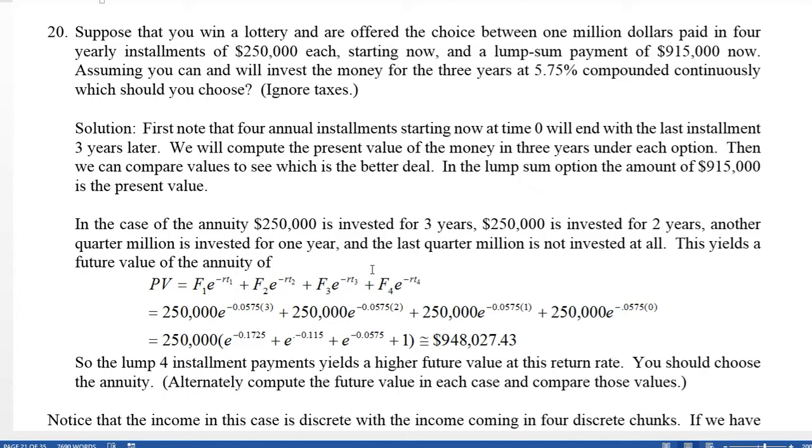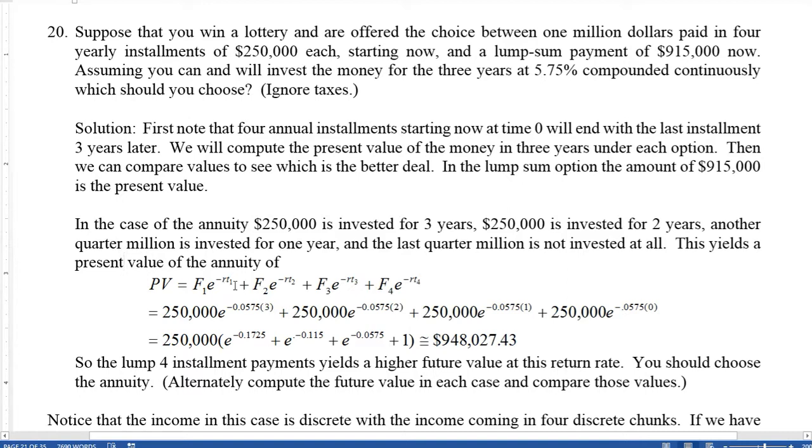Now, in the case of the annuity of $250,000 a year, $250,000 would be invested for 3 years, another $250,000 for 2 years, another $250,000 for 1 year, and the last not invested at all. So the future value of the annuity is going to yield a present value like this: $250,000 times e to the negative r, 0.0575, invested for 3 years.